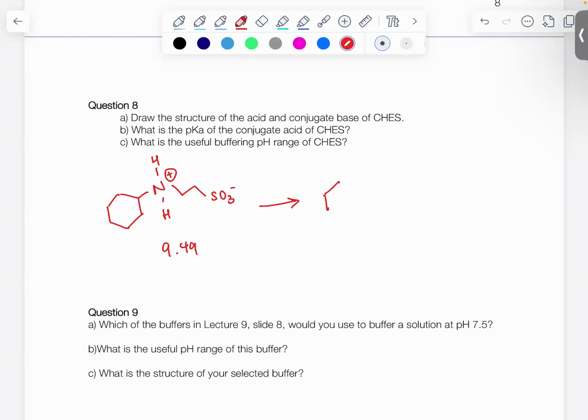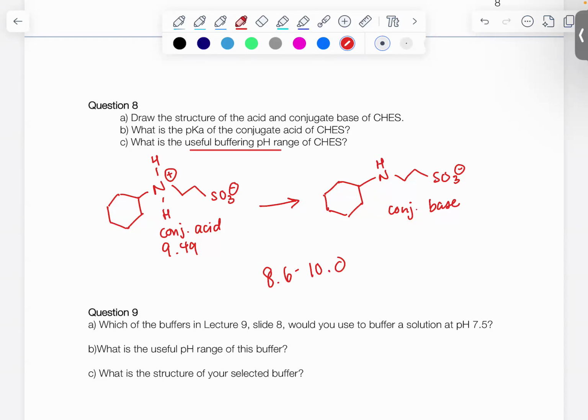But then when we have the basic form, we have lost that proton. And so this is our conjugate base and our acid. And then our useful buffering pH range, you can get this from the slides, is 8.6 to 10.0.